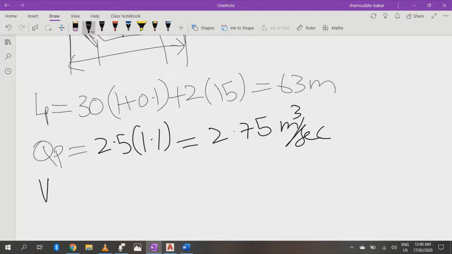Now the velocity of siphon. For velocity, we take a minimum value of 2.44 meter per second. We can also take about 4 meter per second.